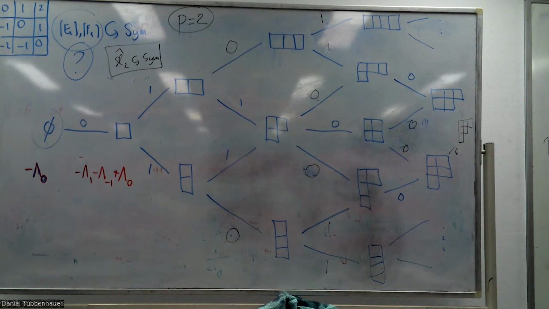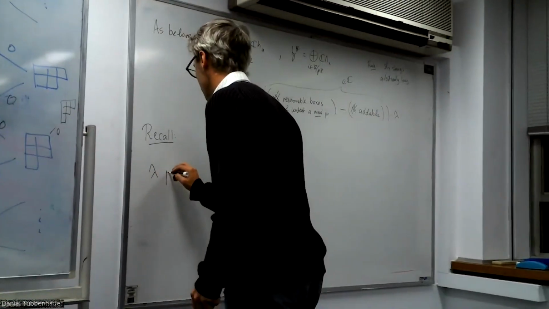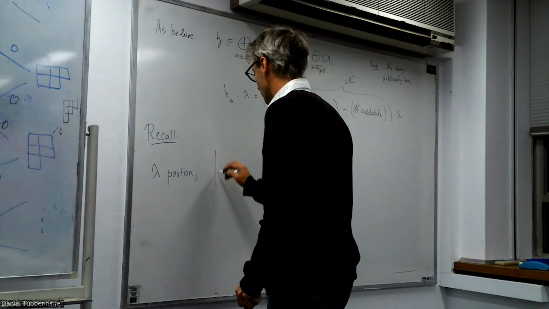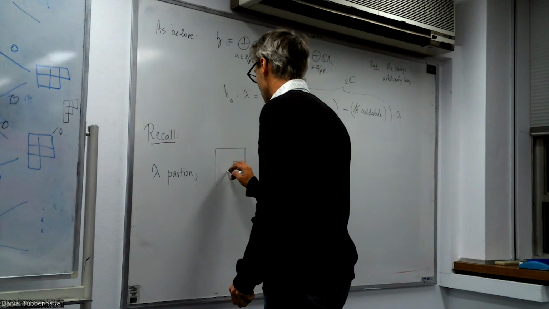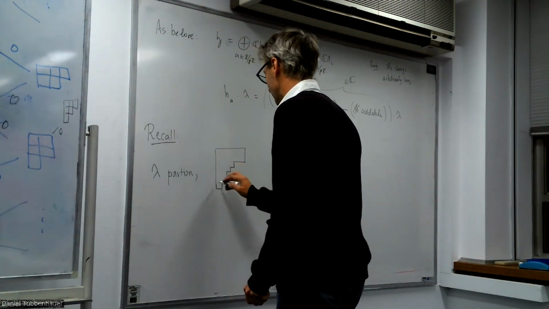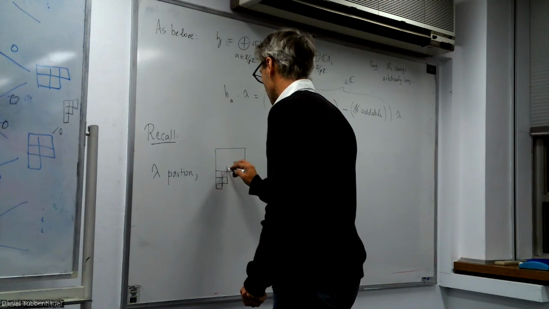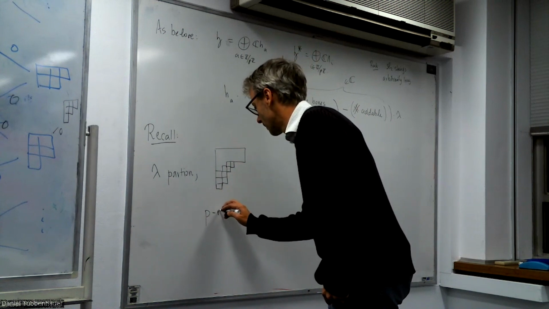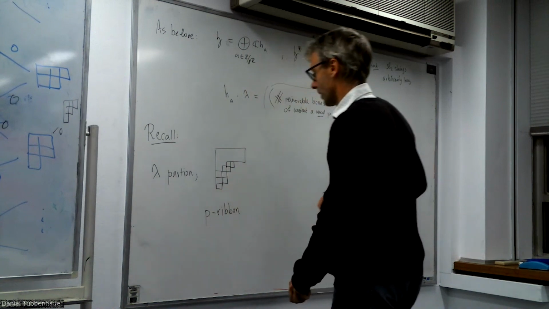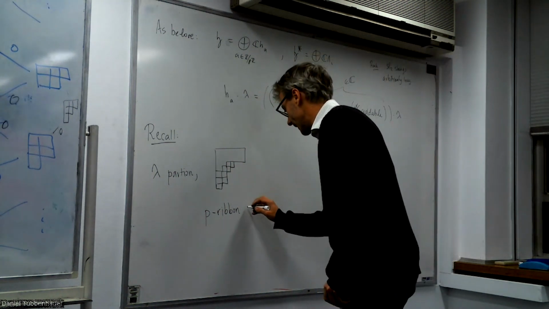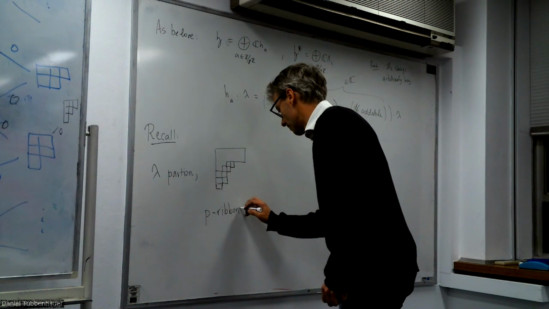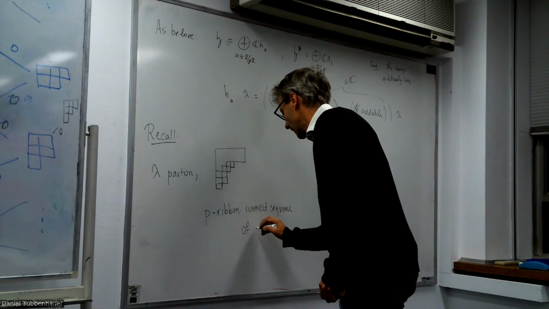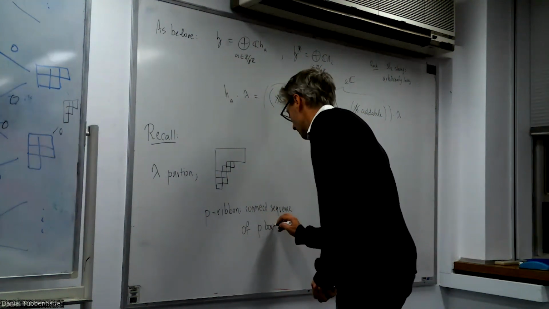And now, recall, given lambda a partition, a P ribbon is a connected sequence of P boxes which is removable.